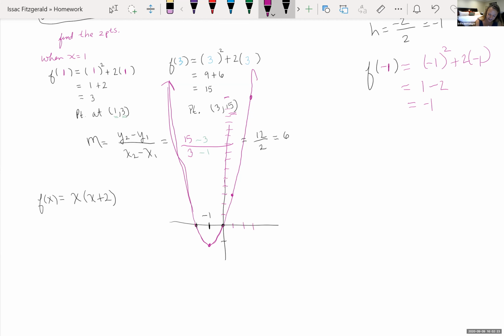So what we just did is we took and found the average rate of change between this point and this point. So we found the slope of the line if we were to join these 2 points.